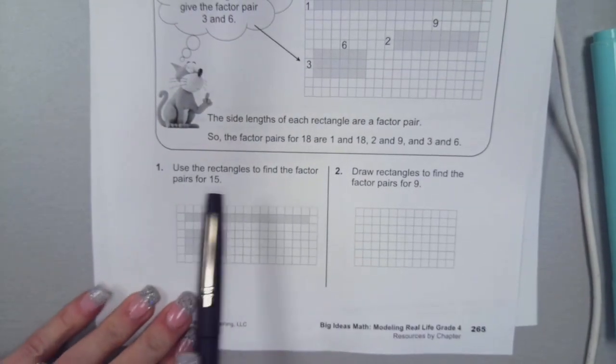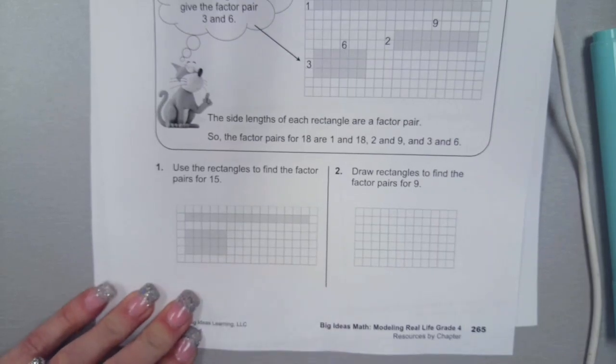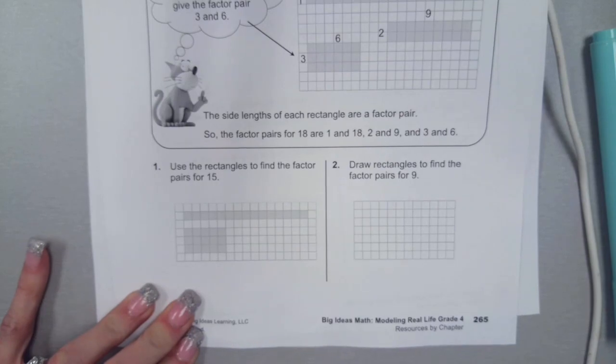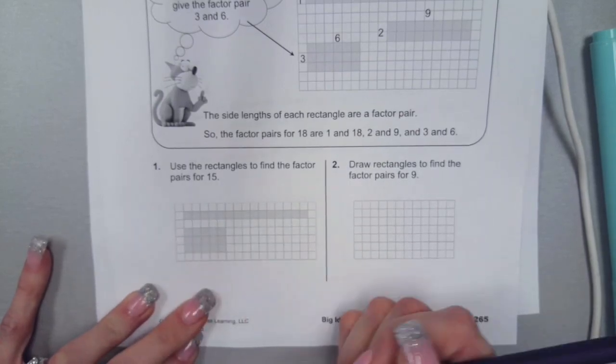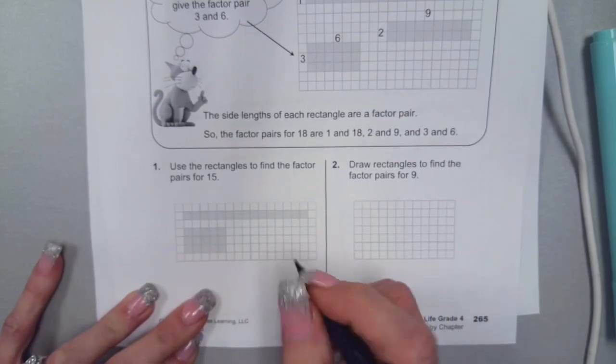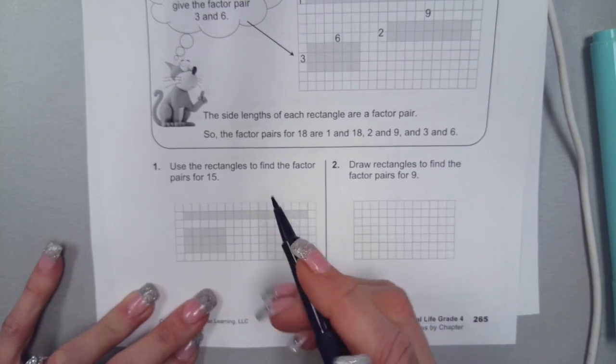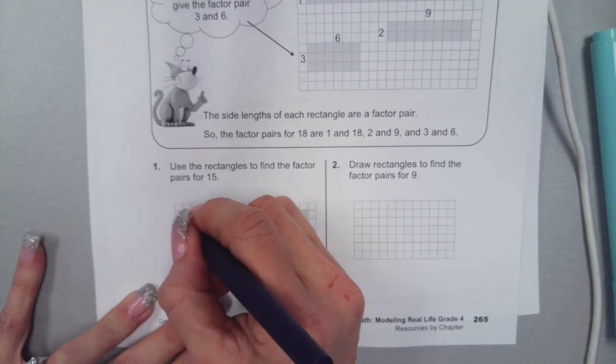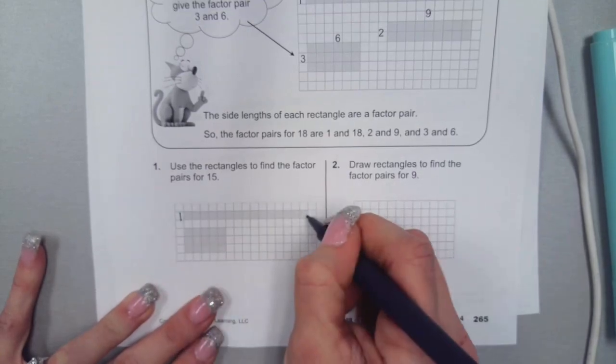All right, so let's look at this example here. It tells me to use the rectangles, they've already got them shaded for me, to find the factor pairs for 15. So that means I know both of these rectangles have how many? 15 squares. So, how many rows do I have? How many columns do I have?